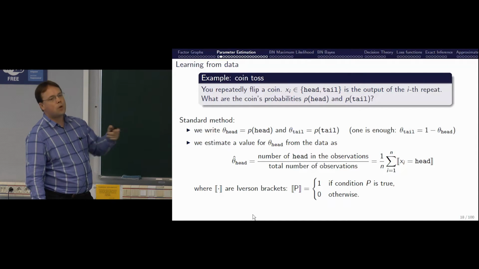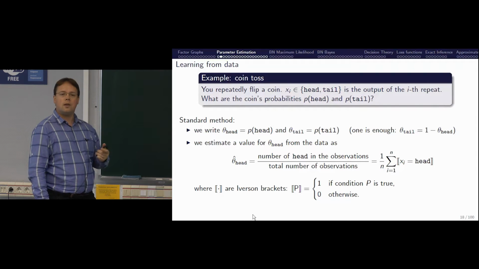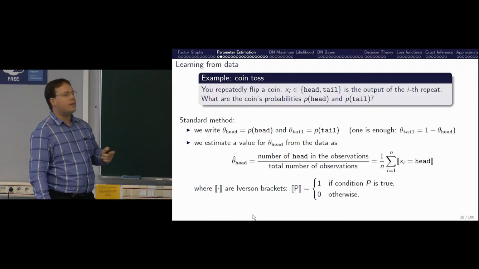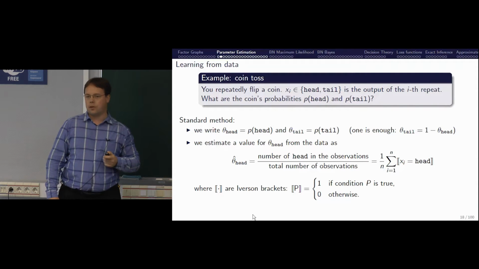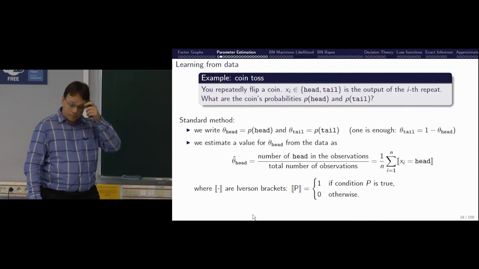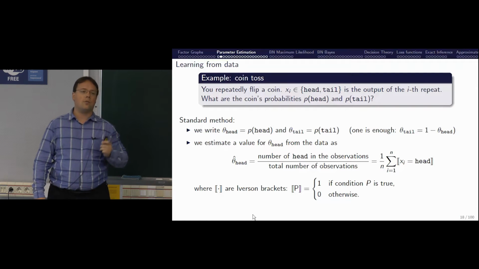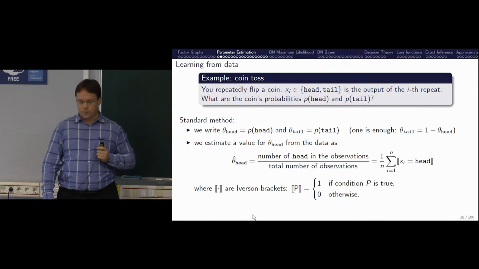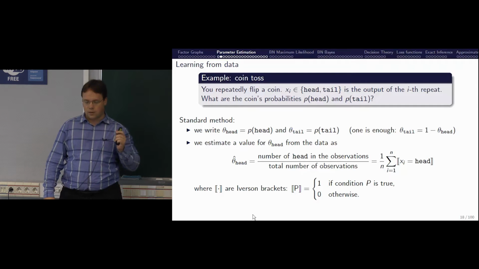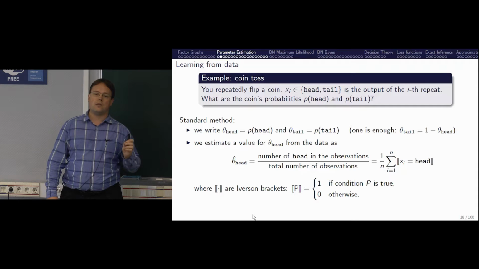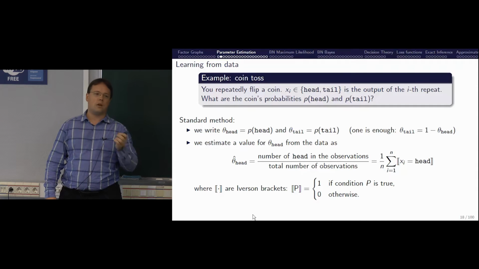We will not be able to compute exactly the true one, but we will be able to estimate it. The estimate I indicate with this little hat. That means it is an estimate of the thing we actually care about. And we can write it as well: the number of outcomes of head divided by the total number. I will often use this notation with Iverson brackets, where I write a summation, or averaging here, of some condition, and if the condition is true, it counts as a 1, and if the condition is not true, it counts as a 0.